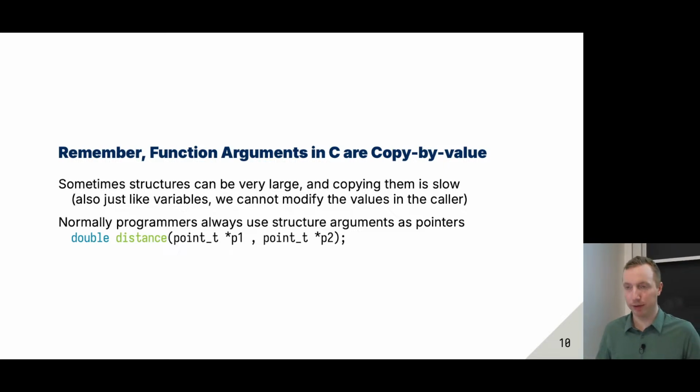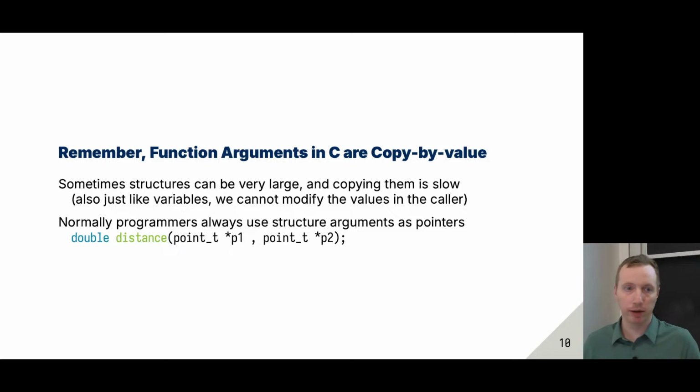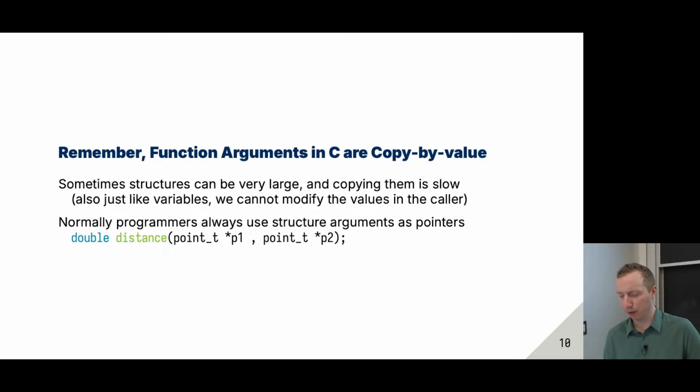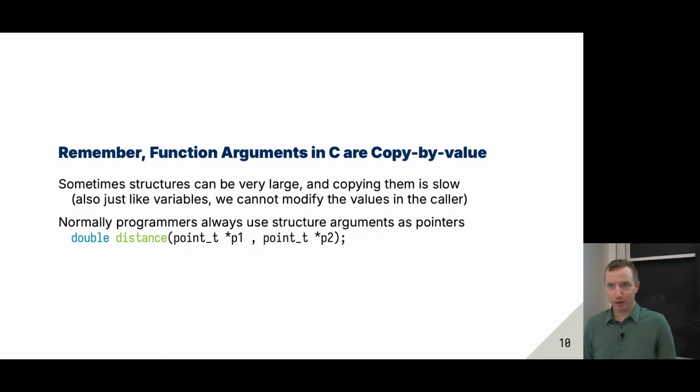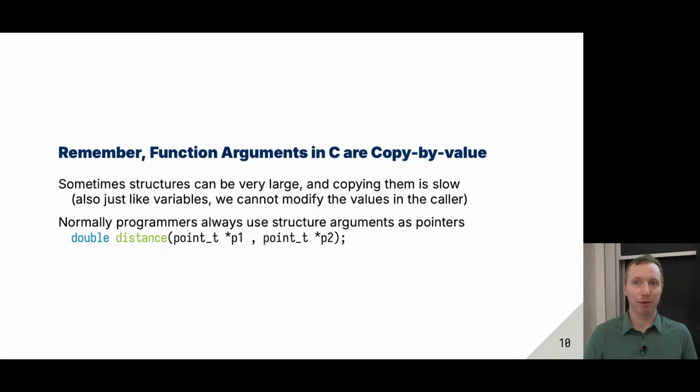And of course, since they're copied by value, if we wrote a function that would modify the x and the y, if we modified it in a function, we would modify that copy of the struct and not whoever called the function. So we wouldn't get our modifications, and also it would be really slow. So in general, it's frowned upon to pass structs by copying them by value.